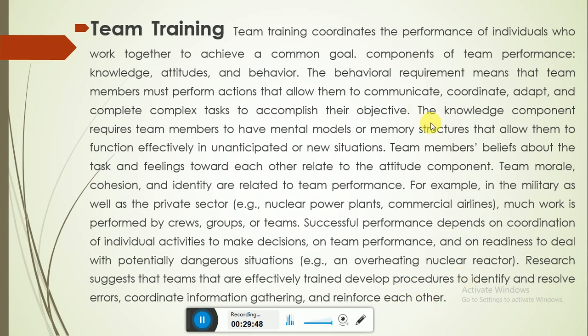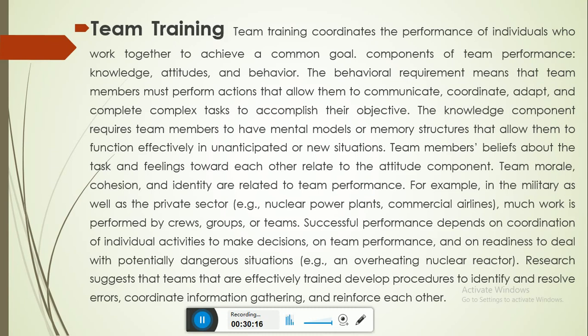So as you see, planes, power plants, commercial airplanes, as I've said, are all working as a team. One person is not responsible for everything regarding their performance, their job, and many other aspects of a business. So what you need is teamwork. Everyone needs to be involved in the teamwork.